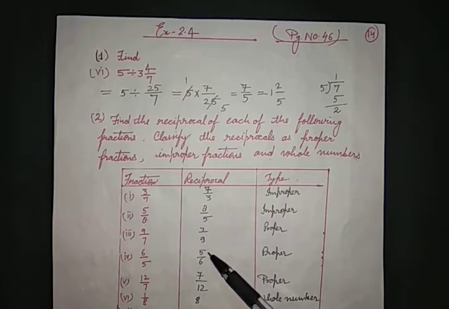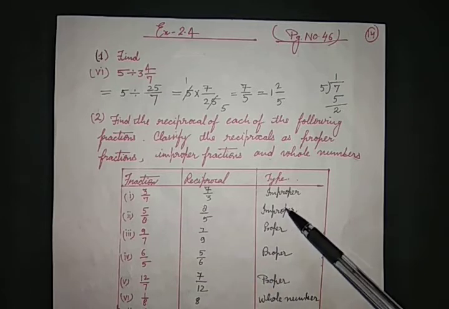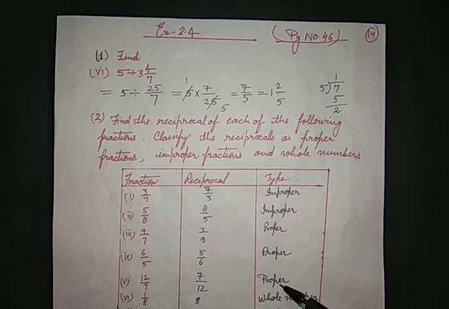Reciprocal of 6 upon 5 is 5 upon 6, and it is a proper fraction. Now see the fifth one. 12 upon 7. Its reciprocal 7 upon 12. And it is a proper fraction because its numerator is smaller than the denominator.